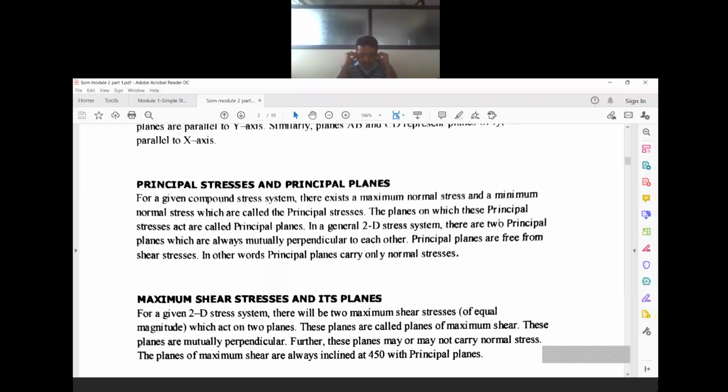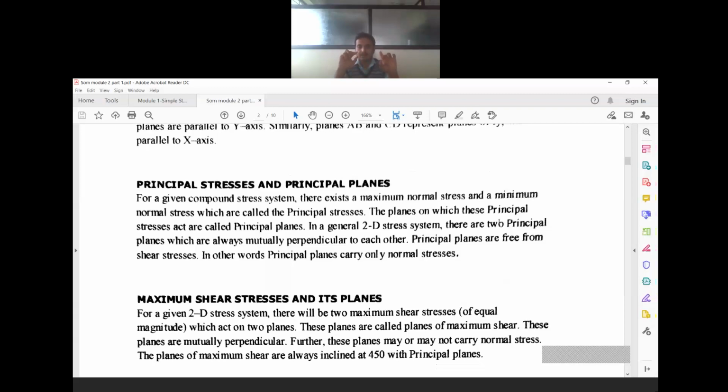As I have mentioned earlier, the maximum normal stress and minimum normal stress are called principal stresses. If you consider any plane, at some plane the normal stress will be maximum, and at some other plane the normal stress will be minimum. So there is a maximum plane and a minimum plane.